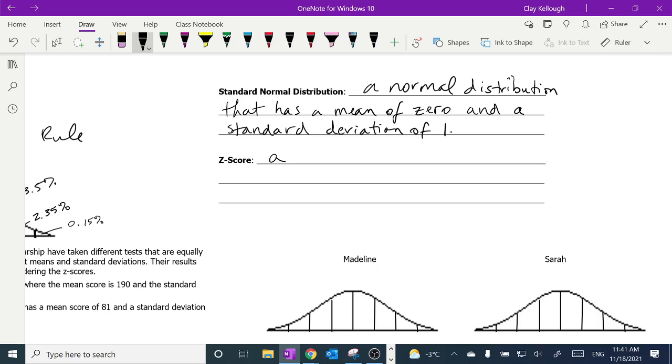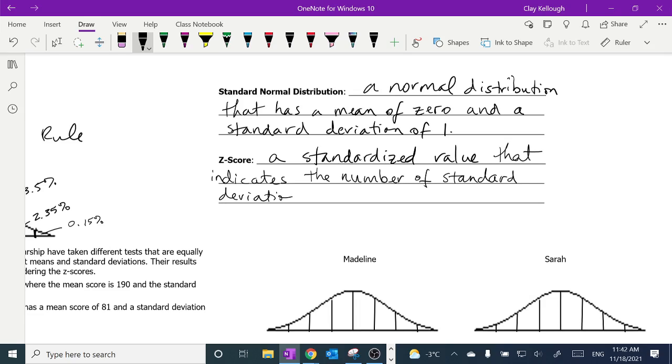A z-score is a standardized value that indicates the number of standard deviations of a data value you have above or below the mean.